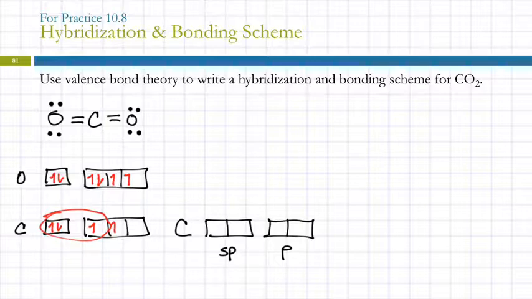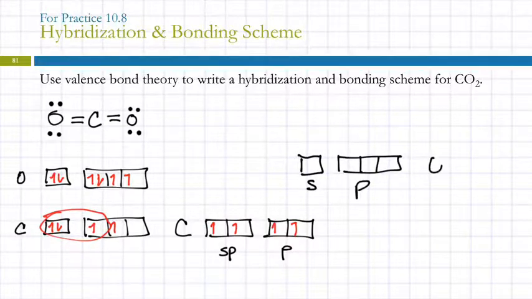Still 4 electrons. This one gets a little weird. So what I'm going to do is draw the other oxygen as well. So here's S and P for the other oxygen, so we can see what's going on here.